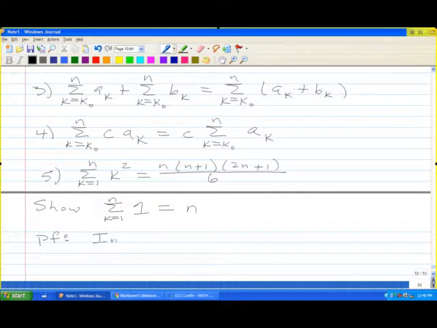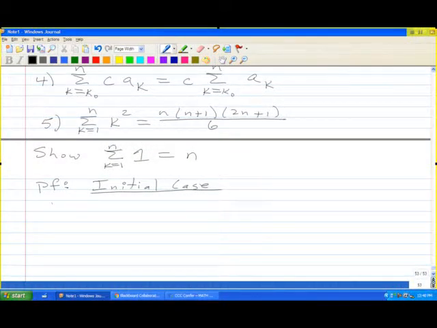Let's do the initial case. The sum k equaling 1 to 1 of 1 is equal to 1. Thus the sum k equaling 1 to n of 1 is equal to n when n equals 1. Okay, so good, that's shown.